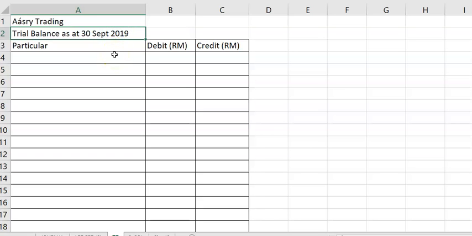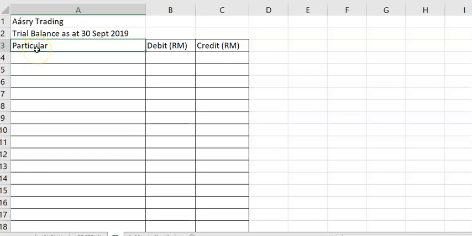And you have the details, particulars. One column called particulars means the name of the accounts. Some books title it using the words title of the accounts, or just the accounts or the account name. It does not matter.